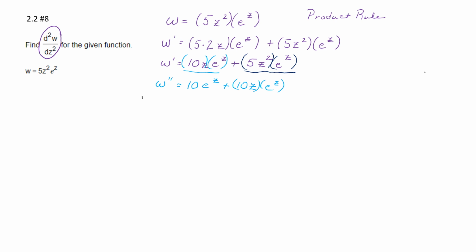So the product rule for 5z to the second, we need to find the derivative of that, and that is 10 because of the 5 times 2z times the second, which is e to the z, plus the first, 5z to the second, times the derivative of the second, which is e to the z.